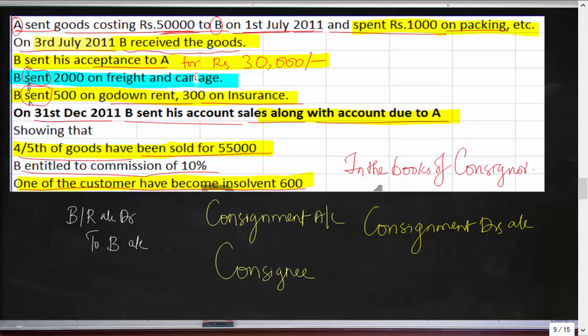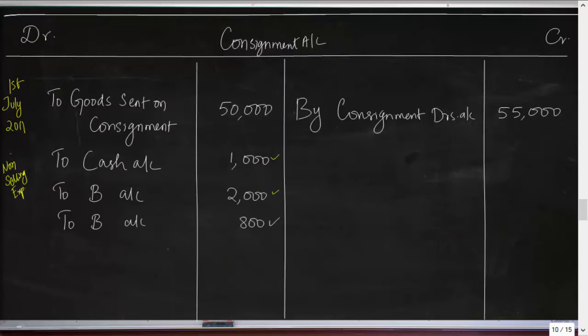So let's go back and see. We have another additional information, that is B is entitled to commission of 10% on sales. Sales is 55,000. 10% will work out to 5,500, and that is an expense as far as consignment is concerned. So we'll write in consignment to B account, and this is 55,000 multiplied by 10%, that is 5,500.